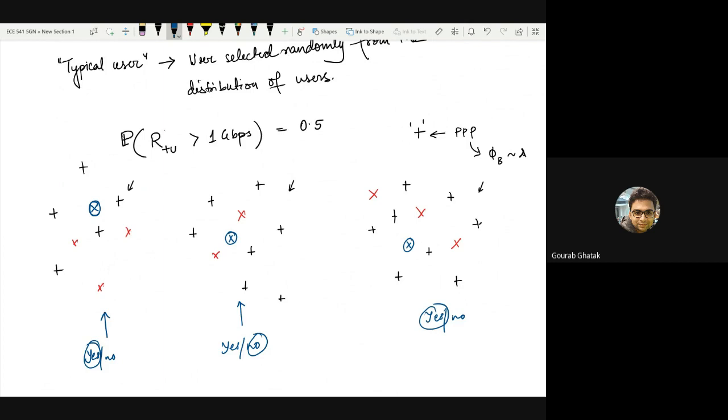From your perspective, across all possible realizations of this Poisson point process representing the base stations, I have given you 3 realizations, but try to imagine infinite such realizations. So from your perspective, let's say 66% of the times you get a yes, which means 66% of the times you are perceiving a rate which is greater than 1 Gbps, right?